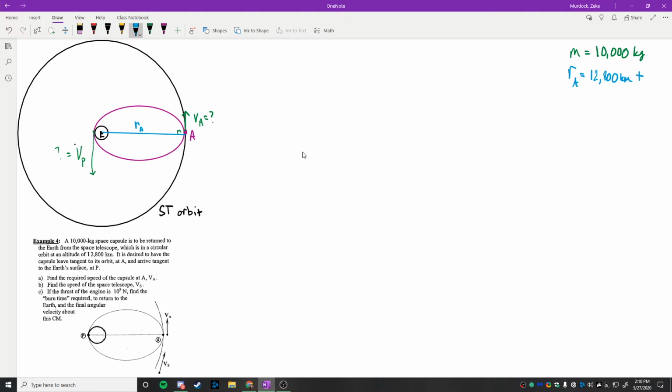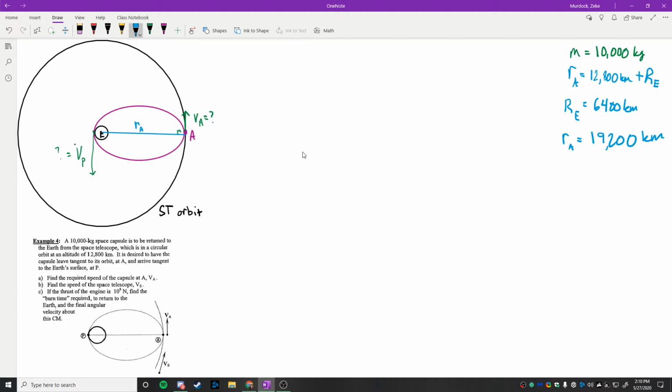So you have to add to this the radius of the Earth. And the radius of Earth is about 6,400 kilometers. Right? Which means that RA, I think, is 19,200 km. Does that look right? 2 plus 6 is 8, and you have to add that 8, yeah.